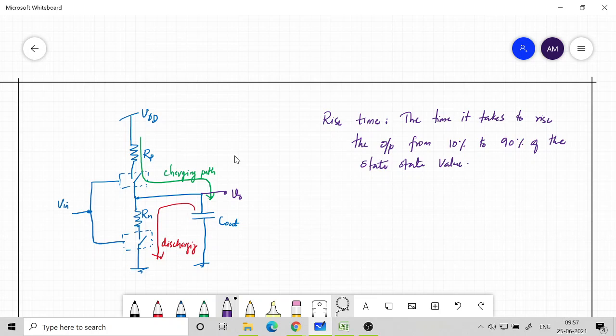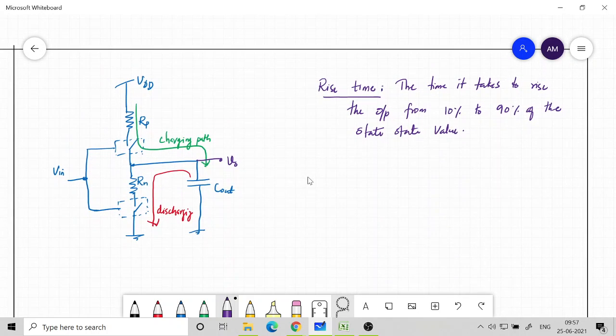Now the steady state value is VDD. As you know, our PMOS is a very good candidate for passing high voltage. That's why we put it in the top portion of the circuit. So C out can be charged up to VDD. If this is the definition, then we need to find the corresponding times where the output becomes 10% and 90%.